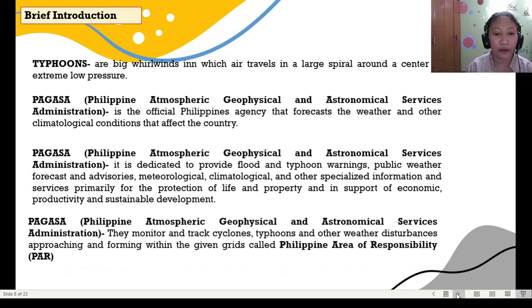Also, they monitor and track cyclones, typhoons, and other weather disturbances approaching and forming within the given grids called the Philippine Area of Responsibility. A typhoon is just one type of weather disturbance, because we have many. It could be a typhoon, thunderstorm activities, the intertropical convergence zone, or the hanging amihan, hanging habagat, which we call monsoons.